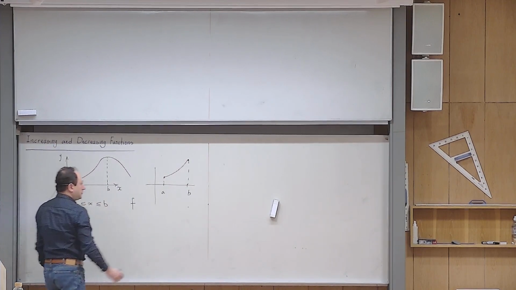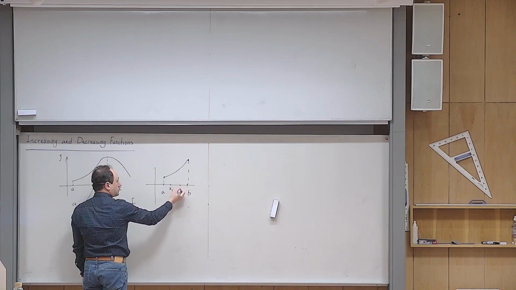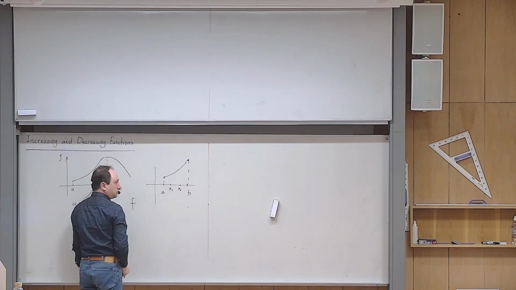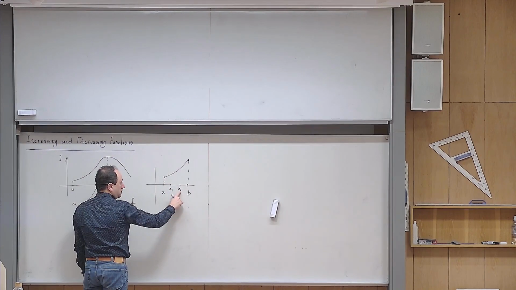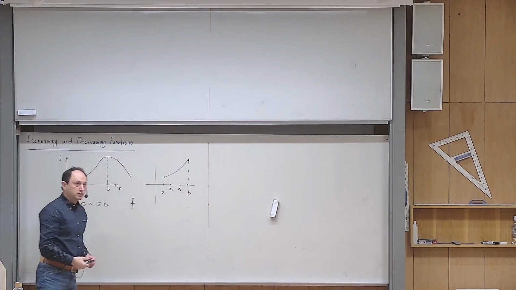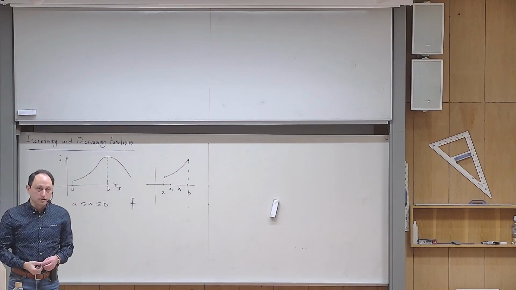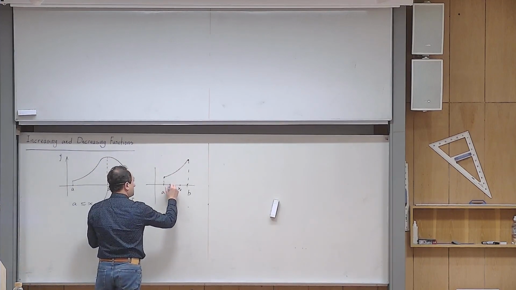It means that if you consider two points, let us say x1 and x2 on this interval, and if x1 is less than x2, what can I say about f of x1 and f of x2 if the function is increasing?